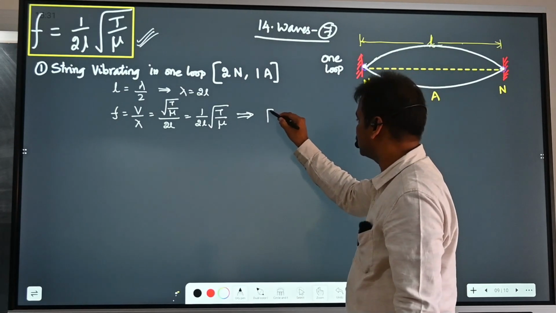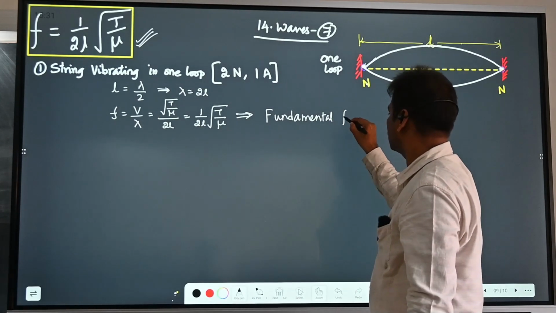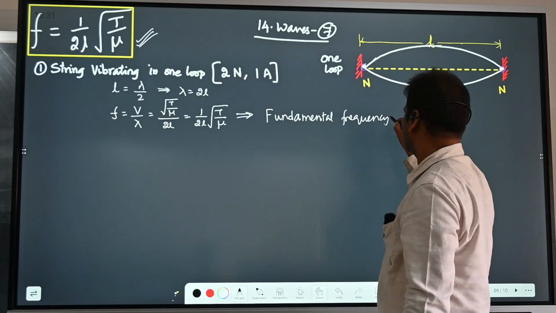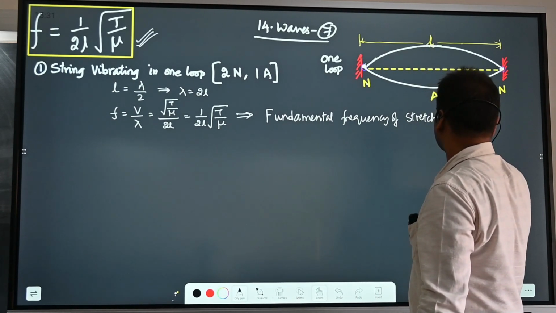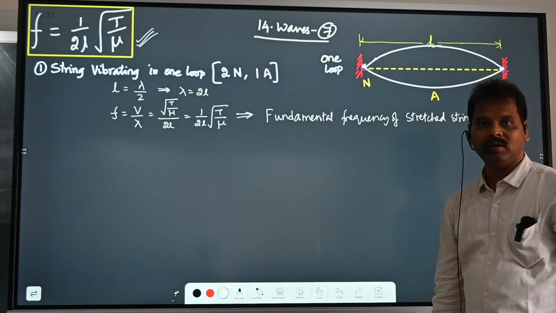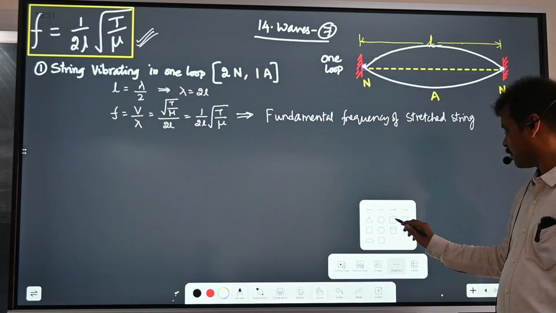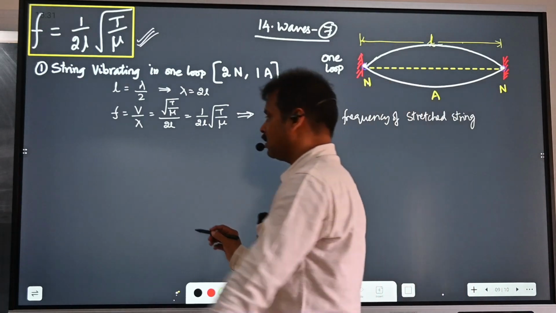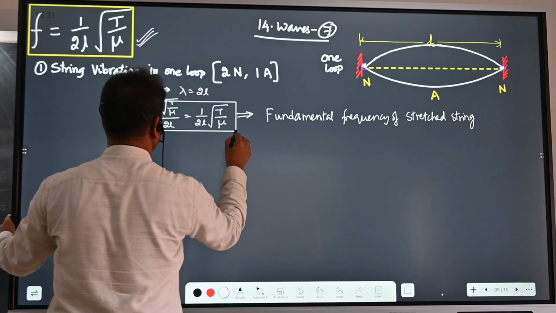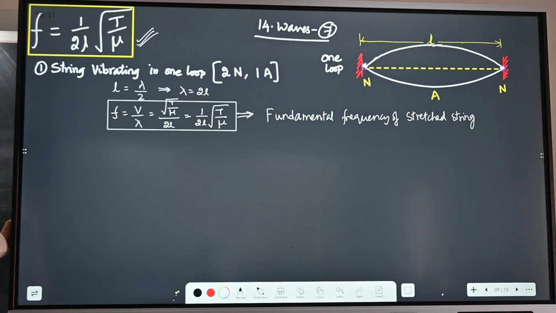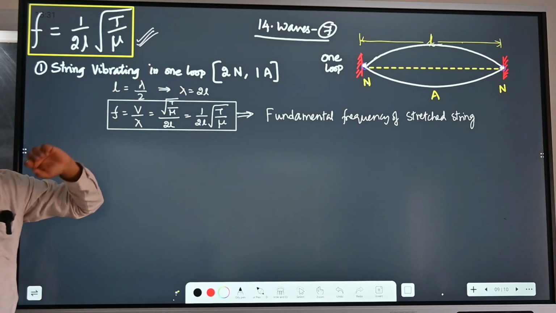That's why we call it the fundamental frequency of a stretched string. What is the formula? F is equal to 1 by 2L root T by mu. This is the fundamental frequency. It happens if the string is vibrating with one loop.